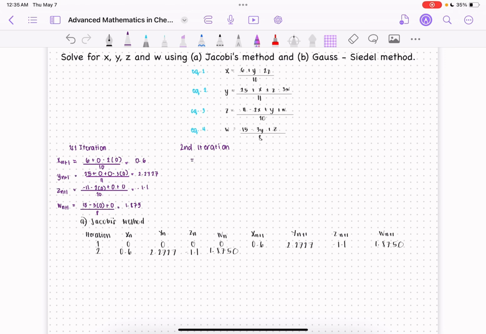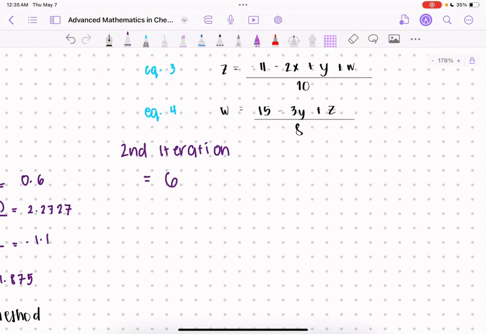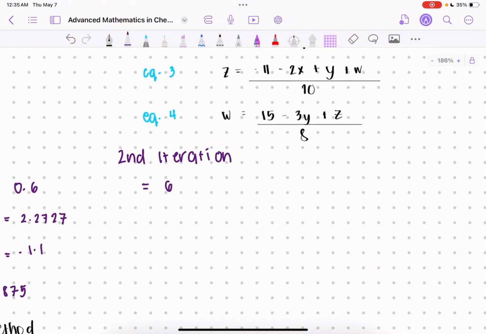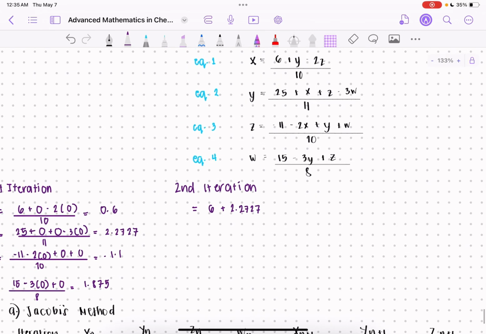So this would be 6 plus the value of y, which is 2.2727, minus 2 times the value of z, which would be negative 1.1, all over 10, and that would give us 1.0473.